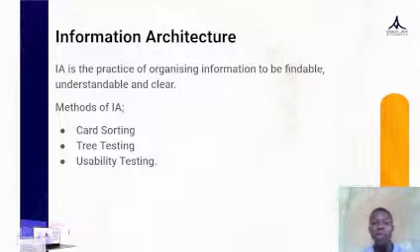Then here we also have information architecture. What does information architecture talk about? Information architecture is the practice of organizing information to be findable, understandable, and clear. It is very crucial because it helps you section all the features you are going to be having on your platform.